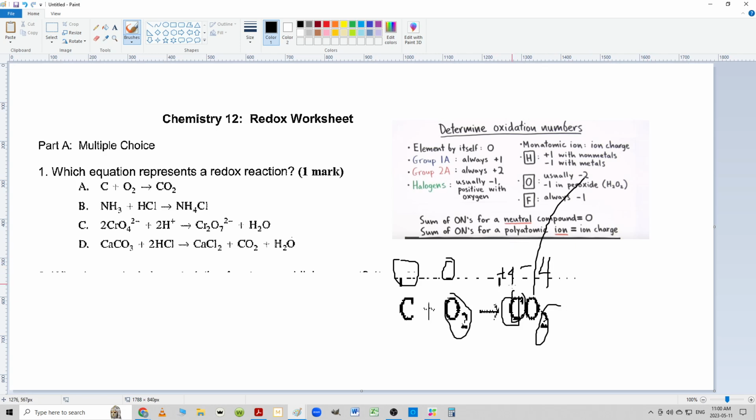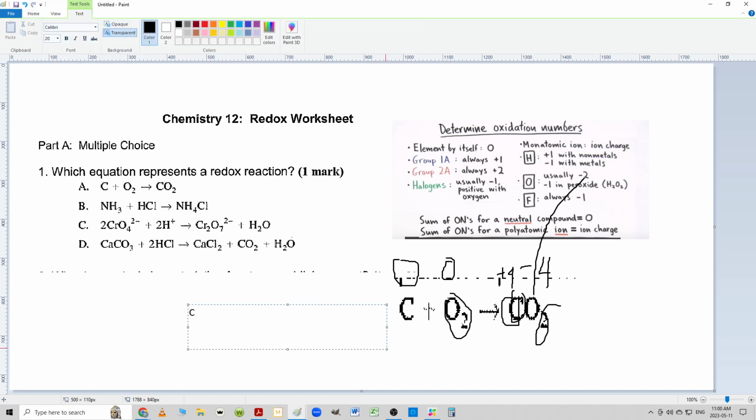If I look at the charges, carbon on the left went from 0 to +4, and oxygen went from 0 to -2. The only way that I can go from 0 to +4, my charge went up. That means I had to have lost 4 electrons for that to happen.